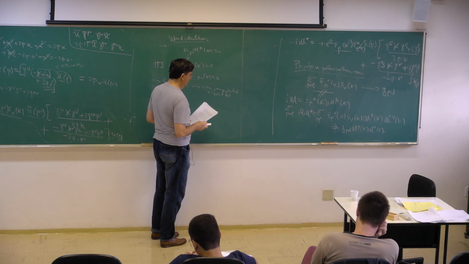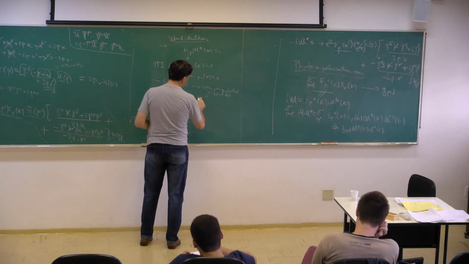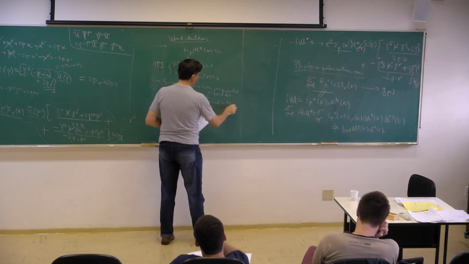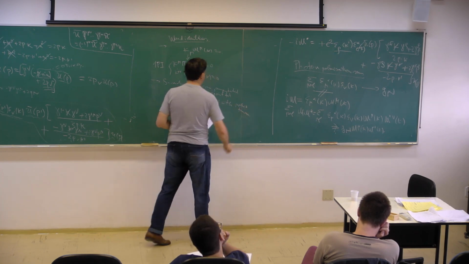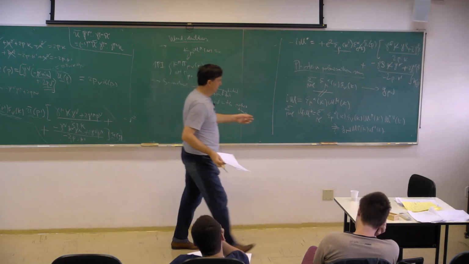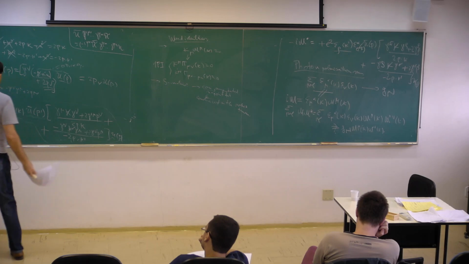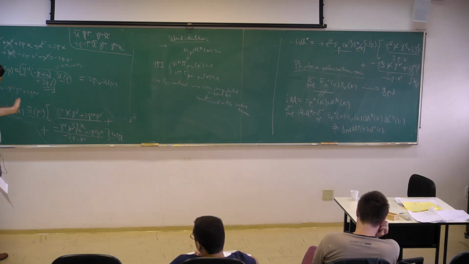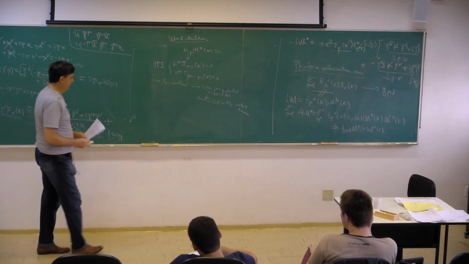When we amputate it, and then contract, of course, with polarization tensors, everything else that's contracted with them is a 1PI function.